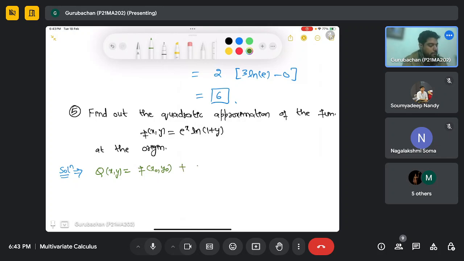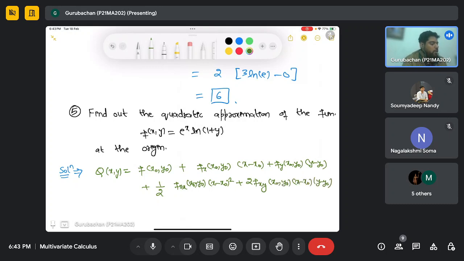The other factor is fx at (x naught, y naught), that is the partial derivative, into x minus x naught, plus fy at (x naught, y naught) into y minus y naught, plus 1 by 2 times [fxx(x naught, y naught) into (x minus x naught) whole square, plus 2 times fxy(x naught, y naught)(x minus x naught)(y minus y naught), plus fyy(x naught, y naught) into (y minus y naught) whole square].